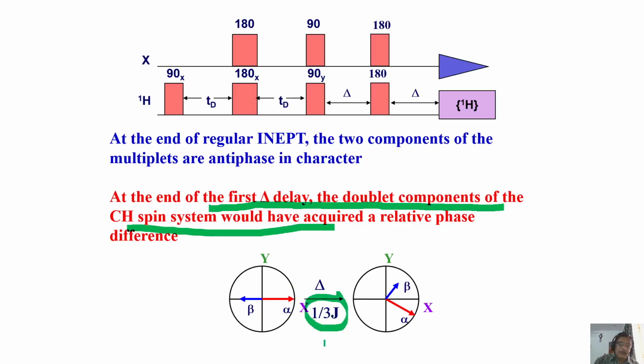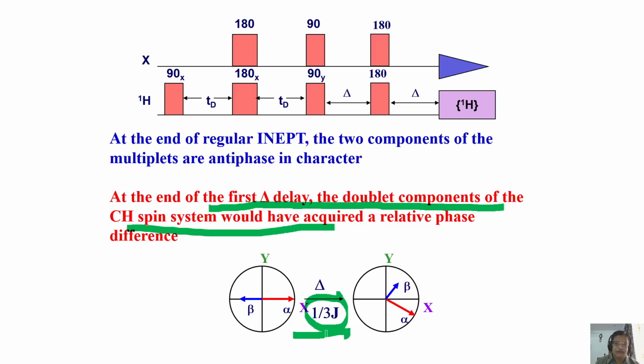We know how to give it. It is normally 1/3J that is accepted, because the J's are different. For example, the one-bond CH coupling in a CH group is different from the CH coupling in a CH2 group, and in a CH3 group it will be different again. They differ because of sp, sp2, sp3 carbon couplings.